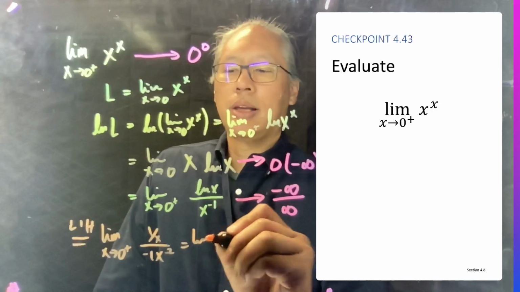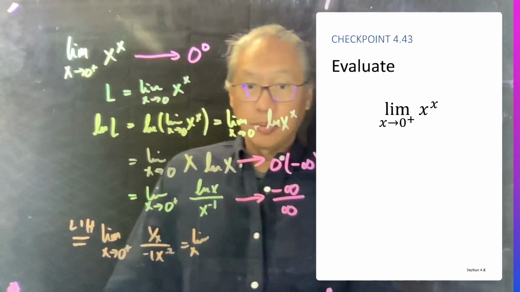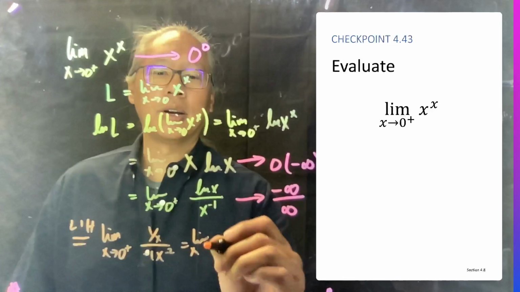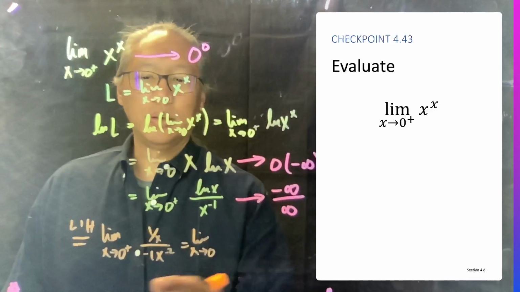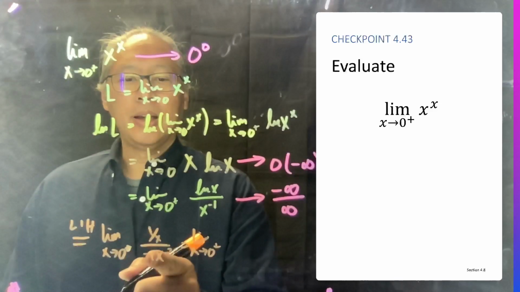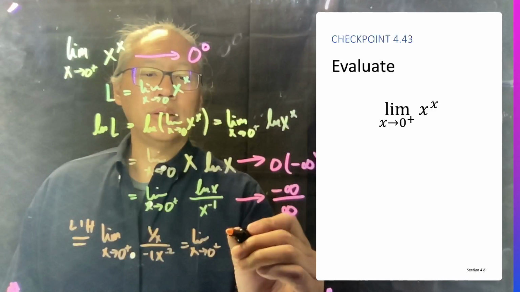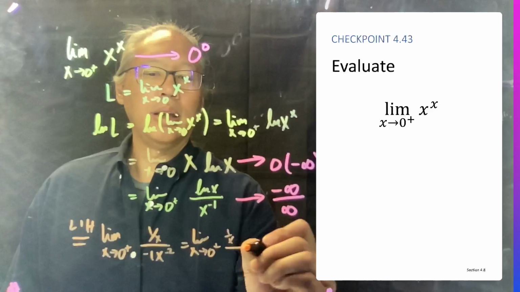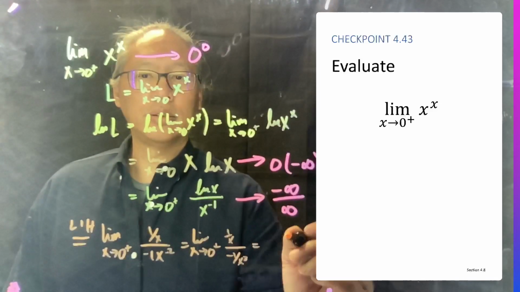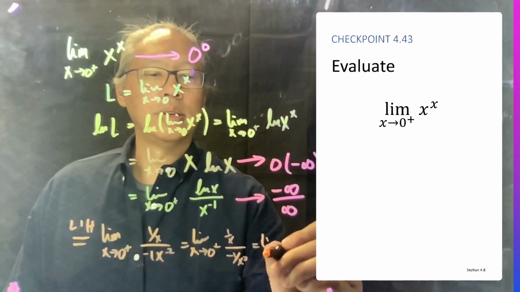Let us rewrite that. Not doing L'Hopital's rule again, but just simplifying. We'll take the limit as x goes to 0, positive side, and we will have 1 over x in the numerator, and we have negative 1 over x squared in the denominator. Let's do one more simplification.